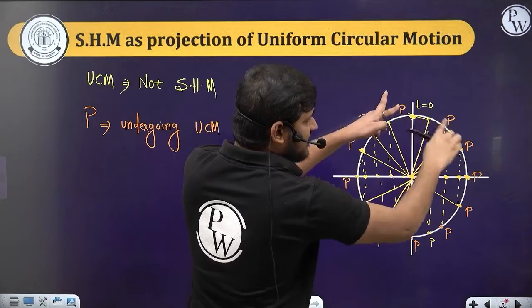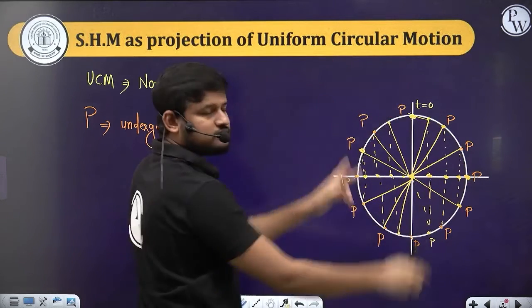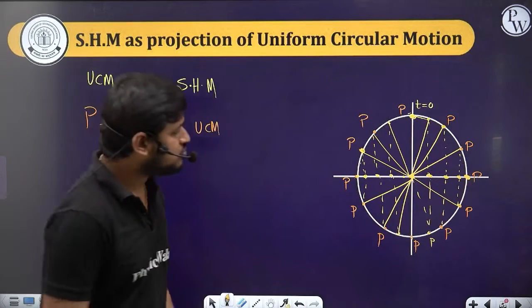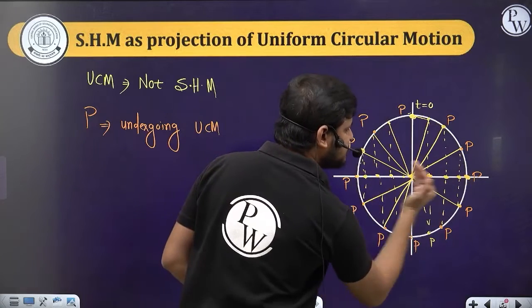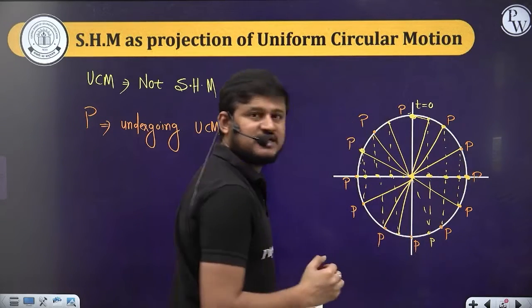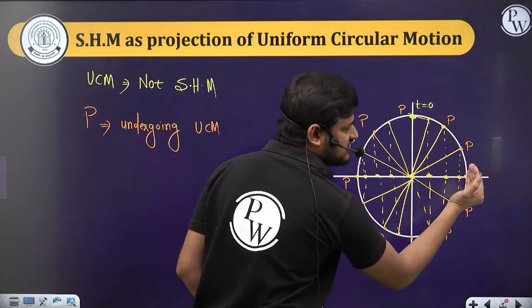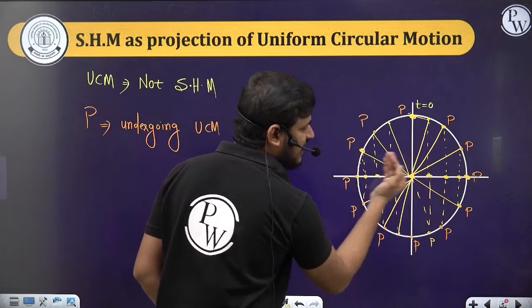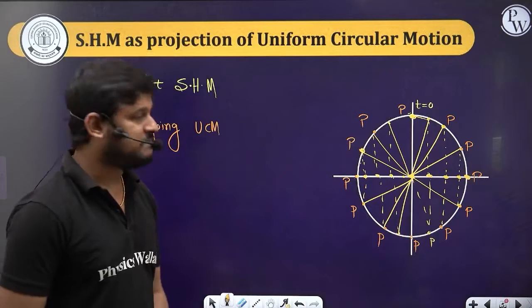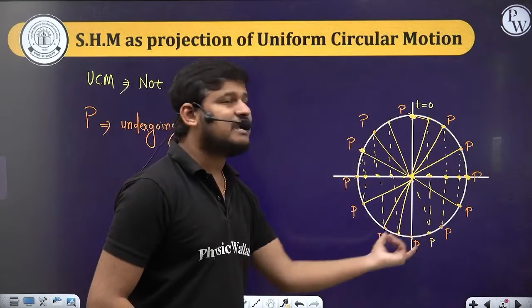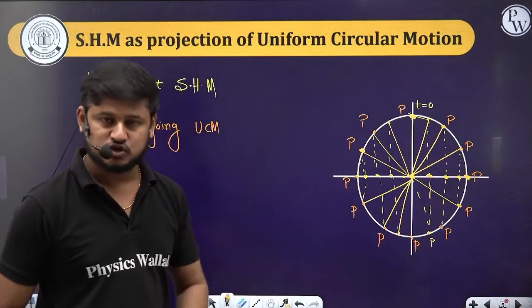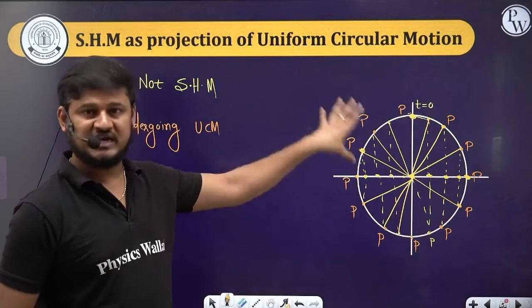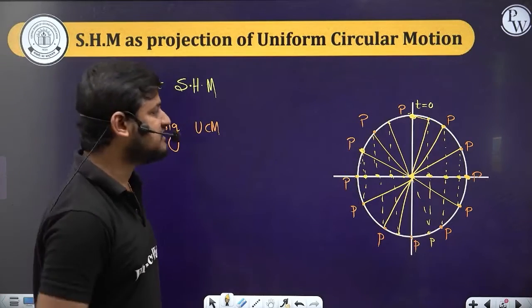That means when the particle is making uniform circular motion, the projection on the diameter is making the S.H.M. first to the right extreme, then from there to the mean, to the left extreme, again to the mean. So the projection of a particle undergoing uniform circular motion on any diameter, I can consider any diameter.